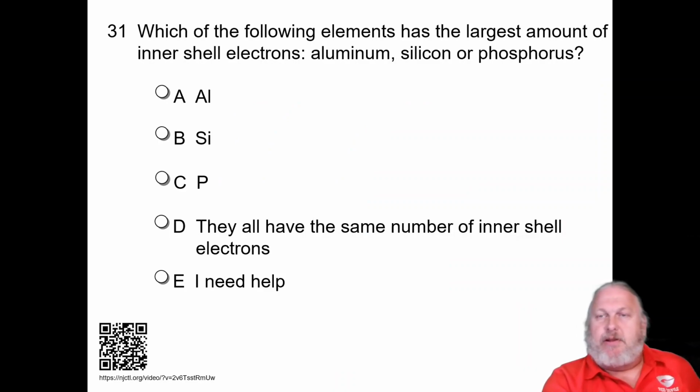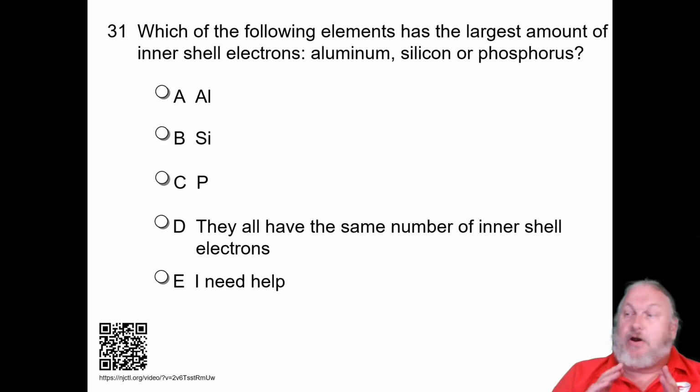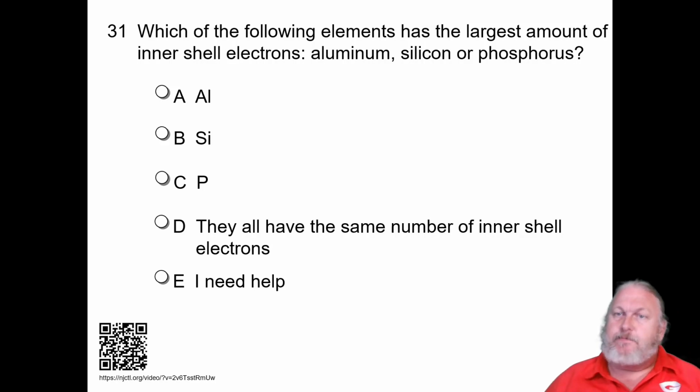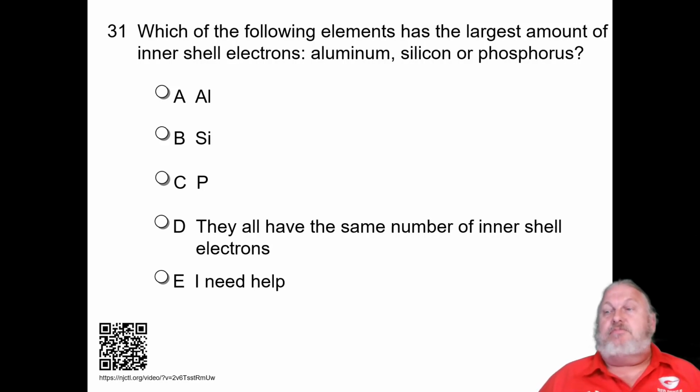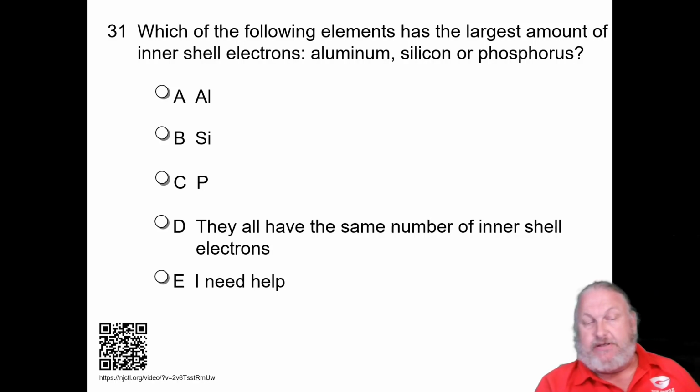Which of the following elements has the largest amount of inner shell electrons? These are the electrons that aren't the valence electrons. Aluminum, silicon, or phosphorus. If you look at it, they all have the same number of inner shell electrons, so that would be D.